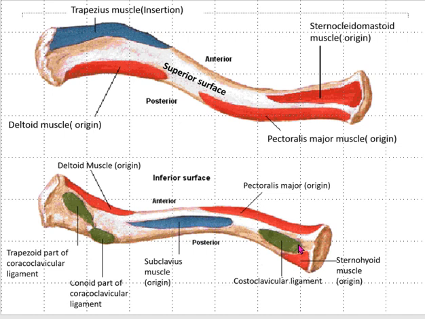A shallow groove is present which provides attachment of the subclavius muscle, and the clavipectoral fascia is attached to the margin of the subclavian groove.